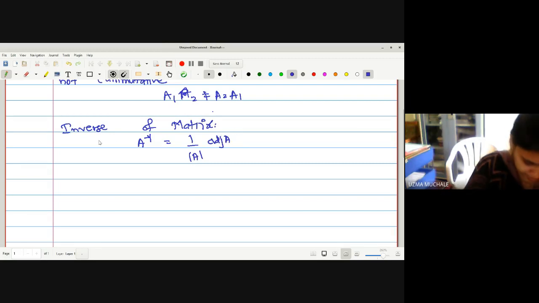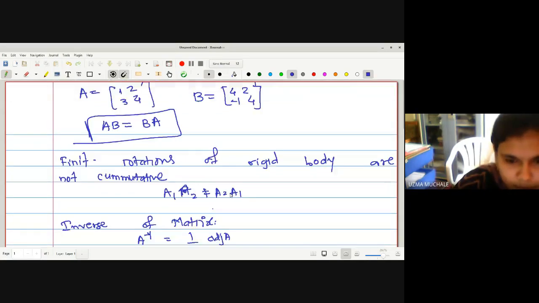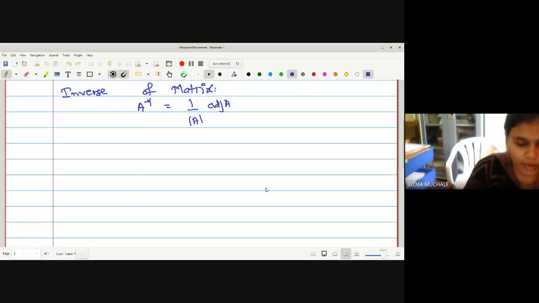Now we have to find the inverse of a matrix in this case. What we have seen in the last lecture, does anyone remember the orthogonal transformation? We found the transformation from x to x dash, then the transformation from x dash to x double dash.